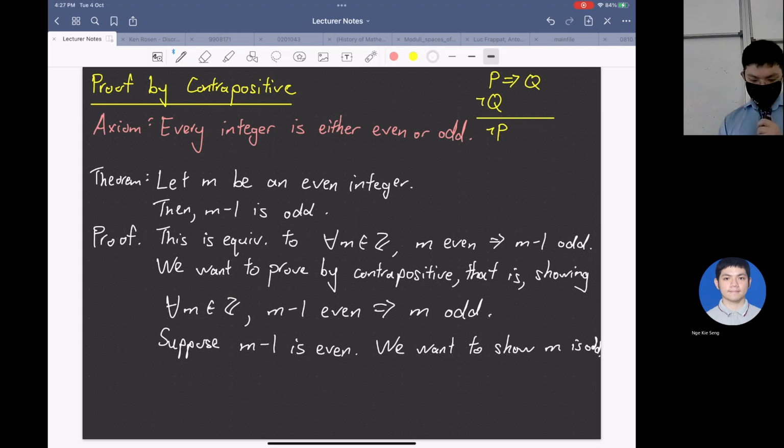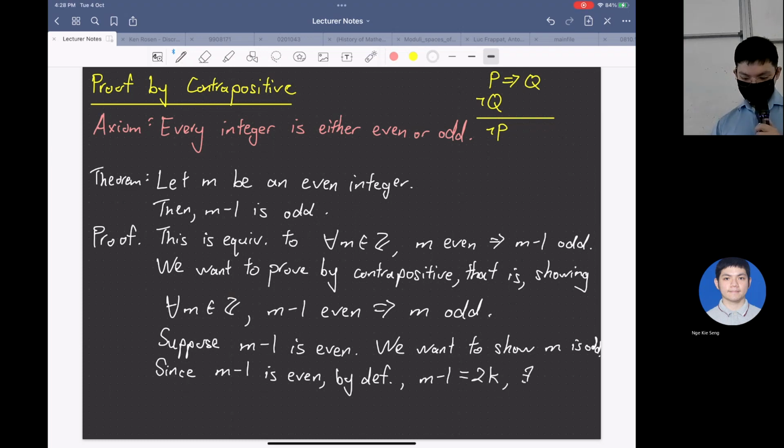Since m minus 1 is even, by definition, m minus 1 equals 2 times k for some k, right? Everyone following or not? Okay, by definition.